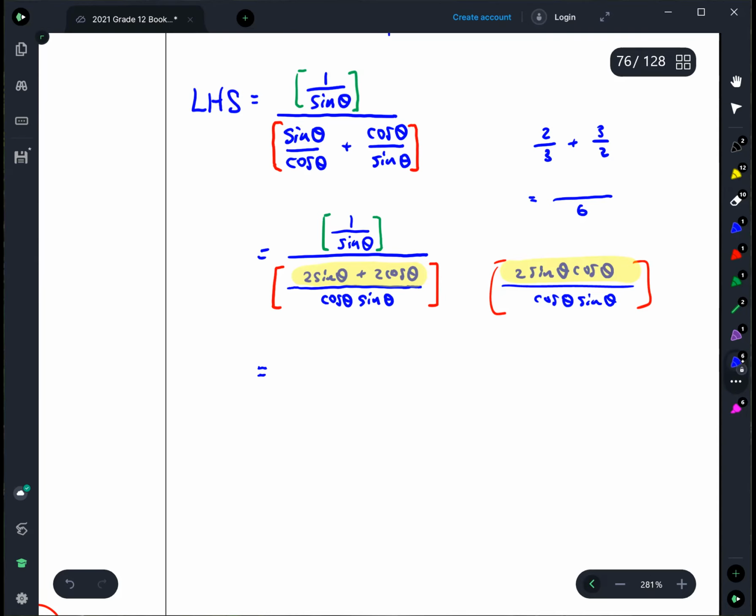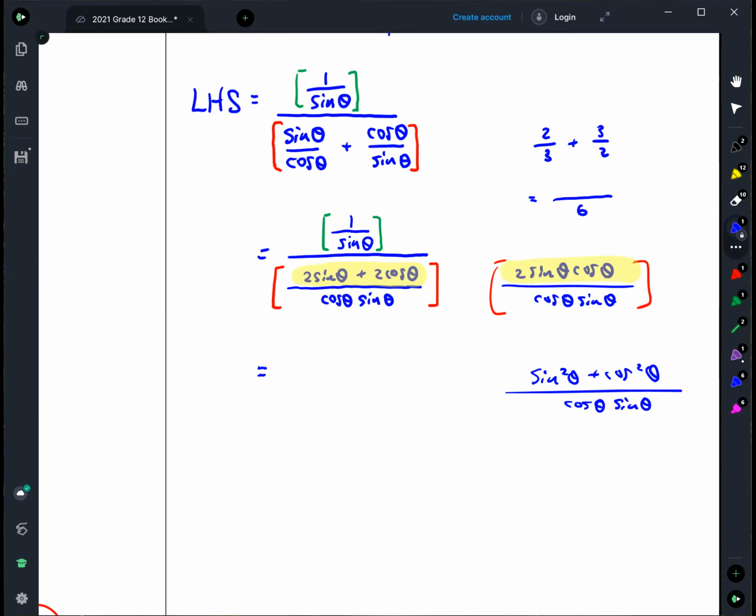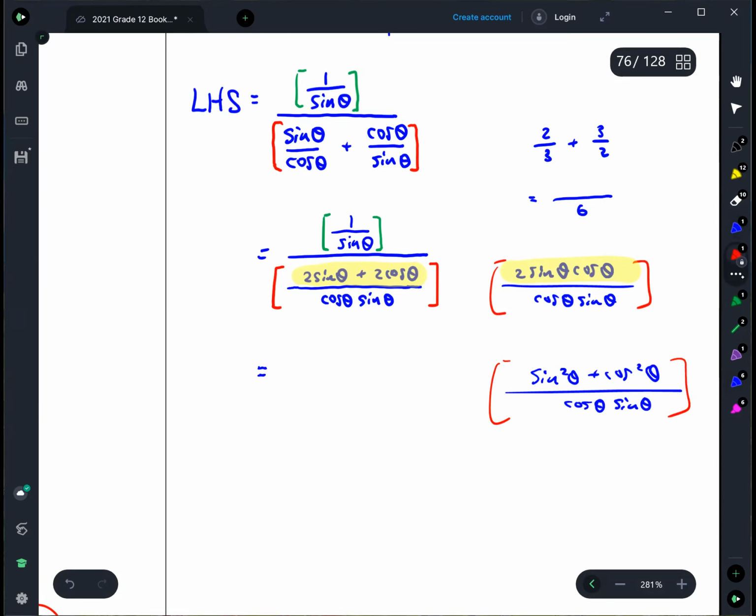What do you have? I have sine squared theta plus cosine squared theta. Okay. So right now I'm just talking about the red box, okay? And Susan, do you want to say anything? Yeah, I got the bottom one as well, the one with the square.